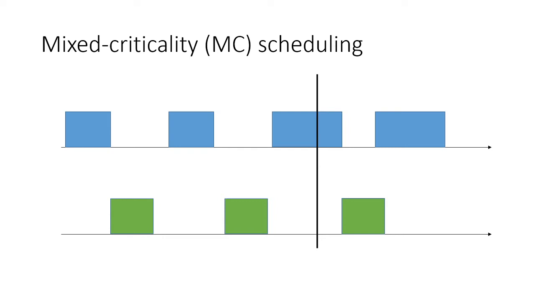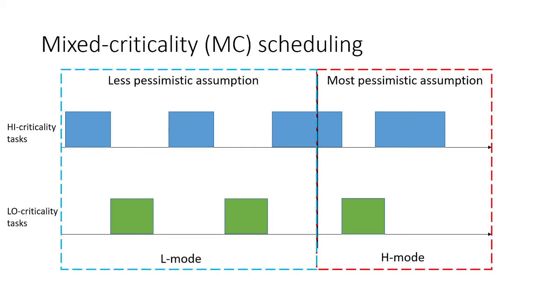Many works on the MC model separate the tasks into two criticalities: low criticality tasks and high criticality tasks. Low mode and high mode indicate the less pessimistic assumption and the most pessimistic assumption respectively.